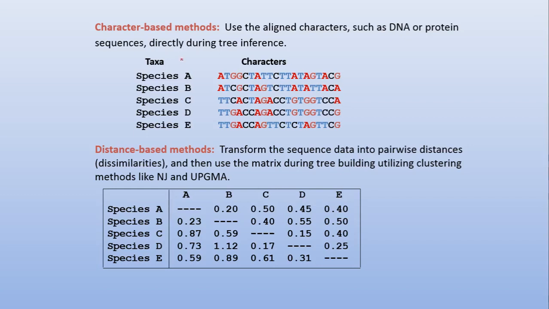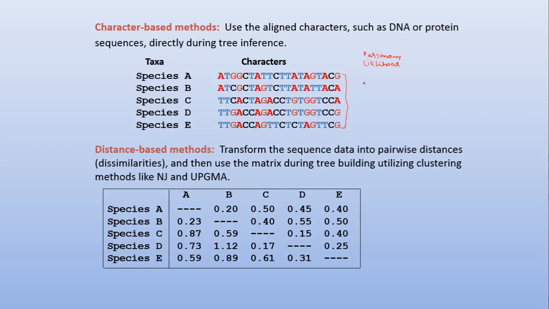The idea is that when we use character-based methods like parsimony and likelihood, we directly use data from the multiple sequence alignment, whatever character data we have in it.